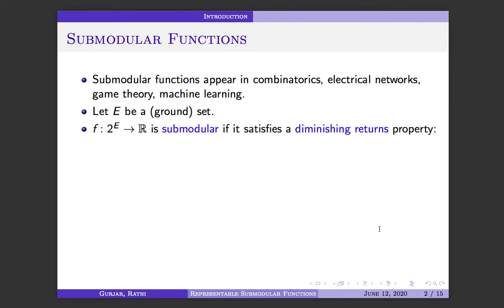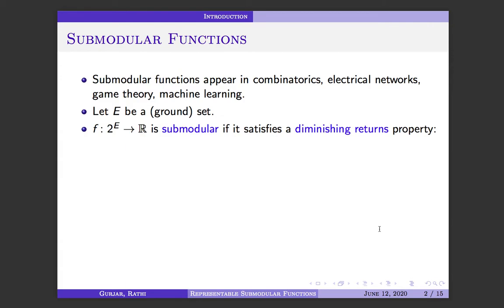Now a function f from the subsets of a set E to reals is called submodular if it satisfies the diminishing returns property. This diminishing returns property is usually observed in prices of commodities. For example, an item might have some price, but when you take it with a bundle of other items, its price might decrease.